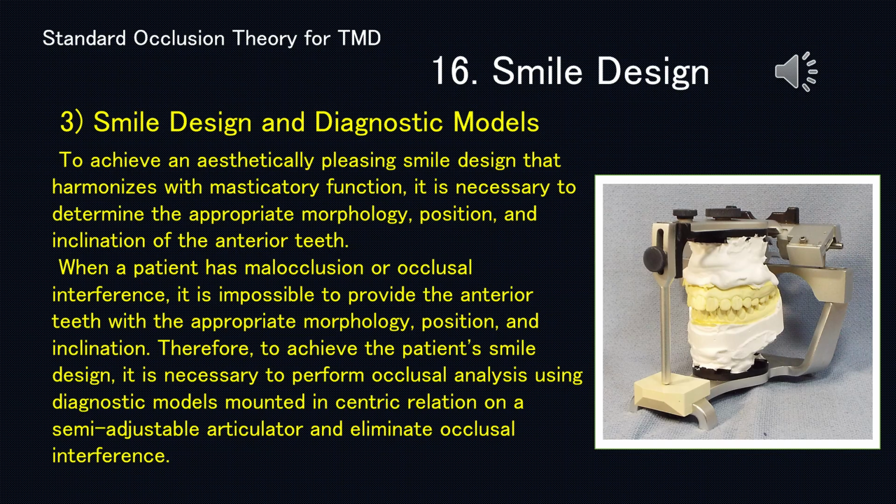When a patient has malocclusion or occlusal interference, it is impossible to provide the anterior teeth with the appropriate morphology, position, and inclination. Therefore, to achieve the patient's smile design, it is necessary to perform occlusal analysis using diagnostic models mounted in centric relation on a semi-adjustable articulator and eliminate occlusal interference.